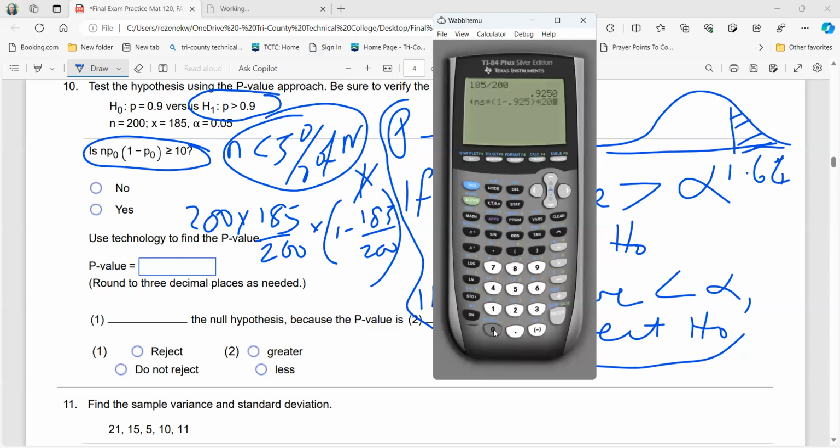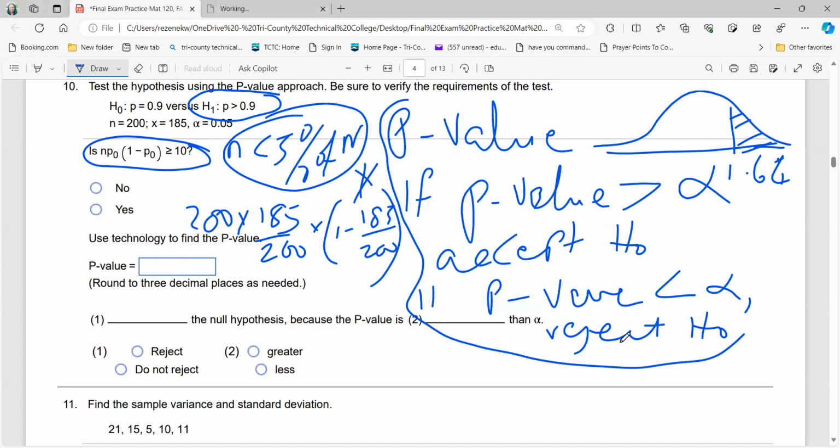I'm checking the conditions. All right, so 13 or 14 right there. Actually, it is 13,000. So it is greater than 10, so the inference can continue.